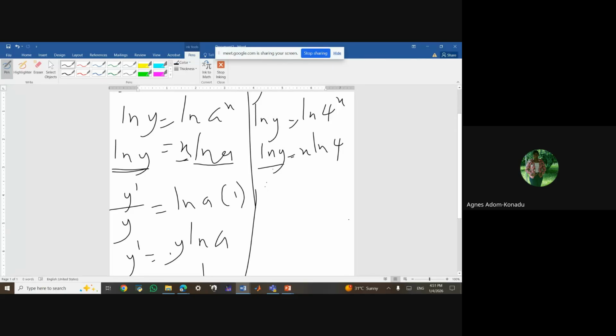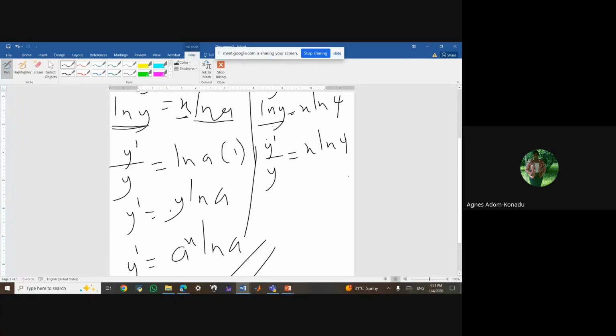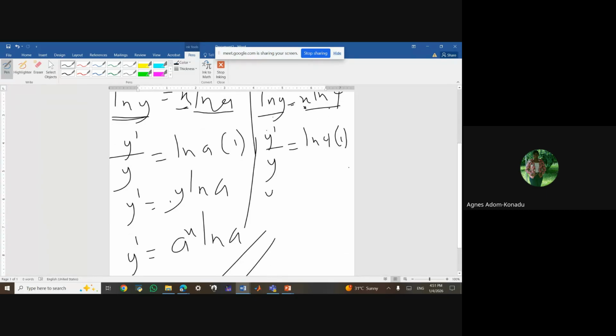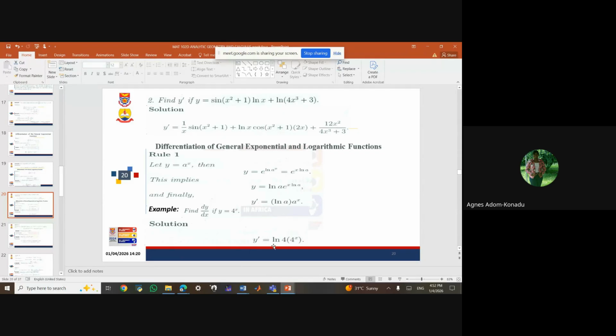So this is y prime over y is equal to... sorry, I differentiated only part. I have to differentiate this one. When I differentiate, ln 4 is a constant, so I have ln 4. Then when I differentiate x, this is 1. So my y prime will be y ln 4. And my y is 4 to the power x, so y prime is equal to 4 to the power x ln 4. So that's what you get.